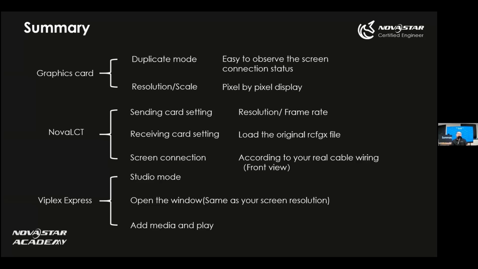Of course, if you have some DVD player or any other video device, you need not use Viplex Express. But if you still need a computer to provide video source, Viplex Express is always the most stable solution and option for you. Okay, I think this is all the topic for today, the basic NovaLCT and the Viplex Express settings.